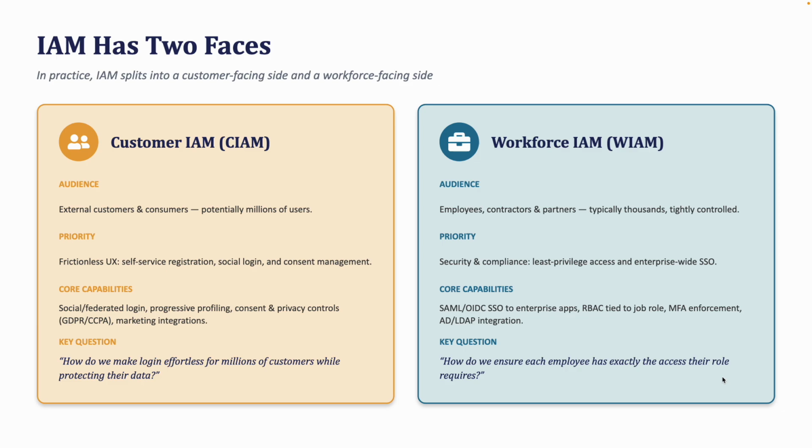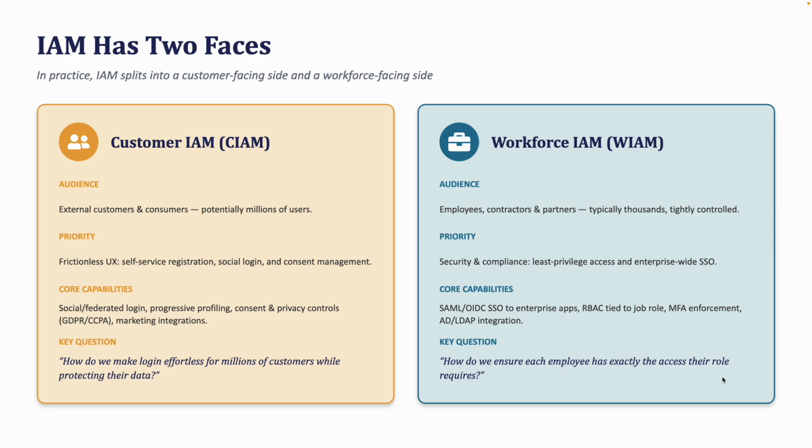It could potentially be millions of users, such as the citizens of a country, right? And the priority in this case is to provide frictionless user experience, self-registration, social login, and consent management for these users. Core capabilities again: social and federated login, and progressive profiling as well. So progressive profiling is like you build the profile of the user progressively, not all at once, right?